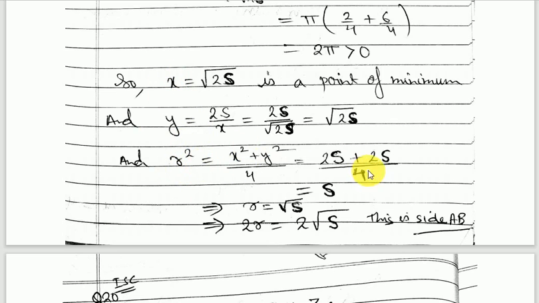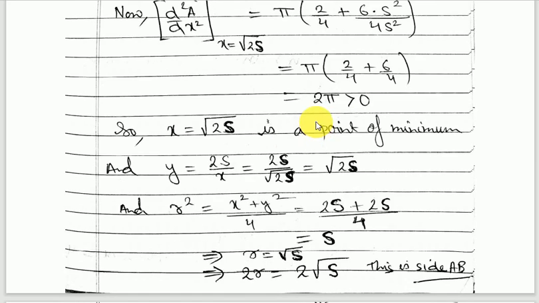So r square is equal to x square plus y square upon 4, and there you get r square equal to S. That means the value of r is square root of S. So 2r will be 2 times the square root of S. This is the hypotenuse. So that's how you get the sides of your triangle.